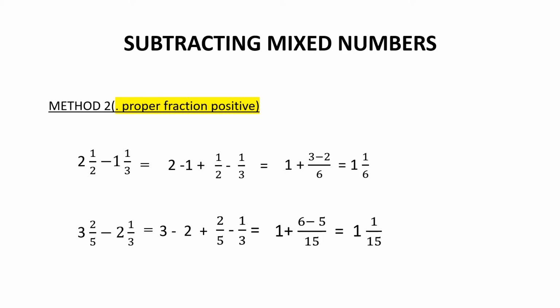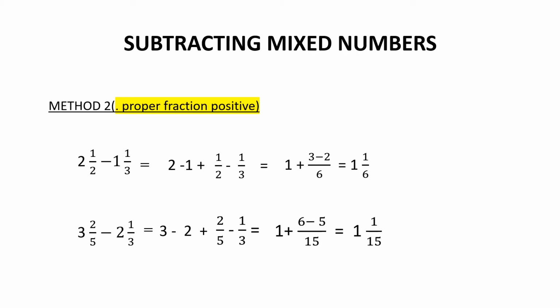And then when we take away 1/3 from 2/5, we end up with 1/15. So we combine those two results, the whole number and the proper fraction part, and we get 1 and 1/15. Take a good look. Ensure that you understand what's going on.